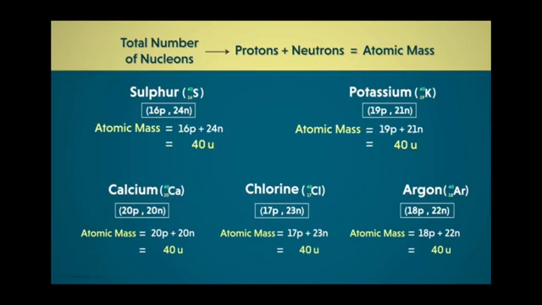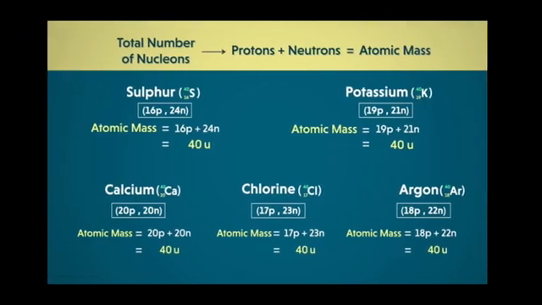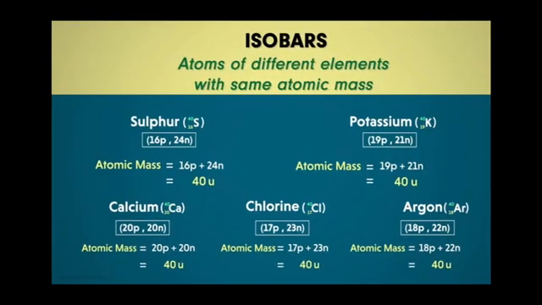However, the total number of nucleons sums up to 40. The total number of nucleons is nothing but the sum of protons plus neutrons. And you know what is an isobar? Atoms of different elements with the same atomic mass.